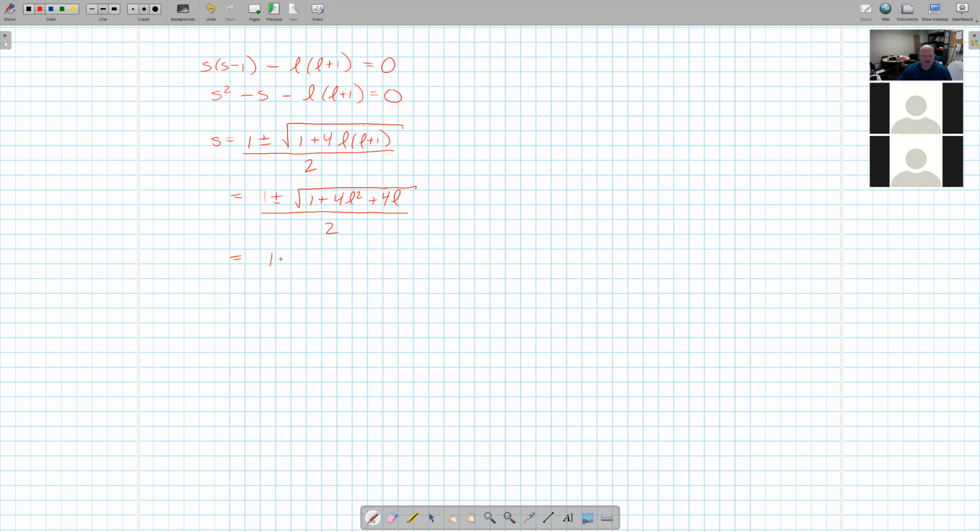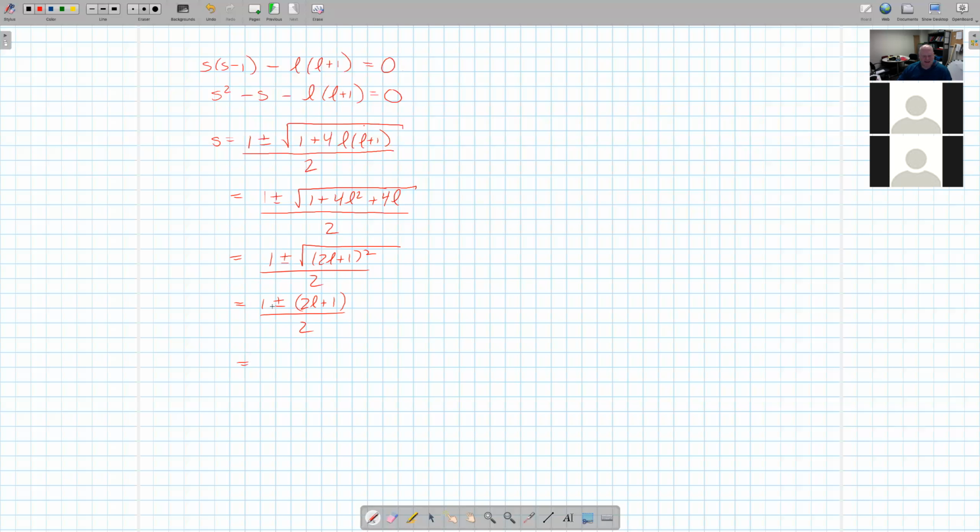So this is the same thing as 1 plus or minus the square root of 2L plus 1 quantity squared, divided by 2. So it's going to be equal to 1 plus or minus 2L plus 1 quantity, divided by 2, right?